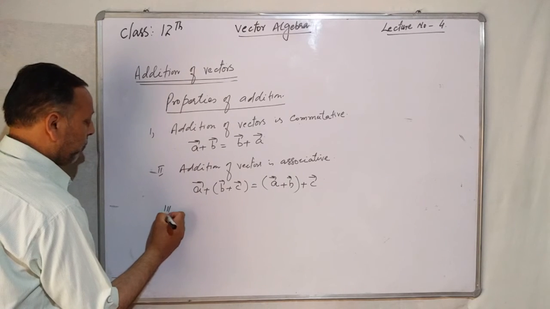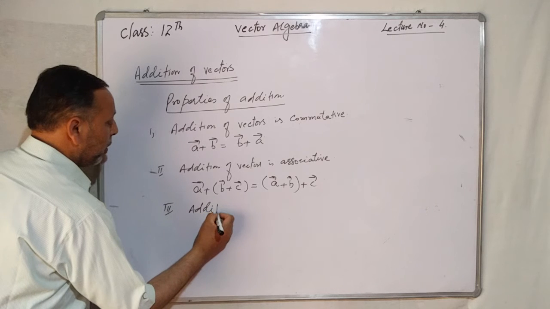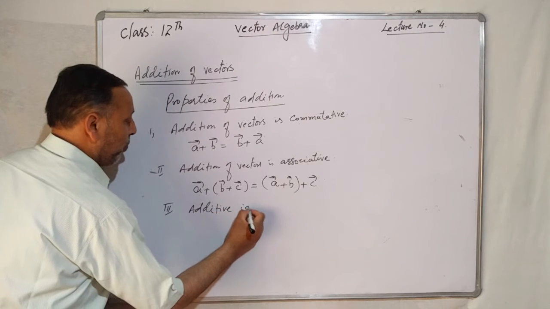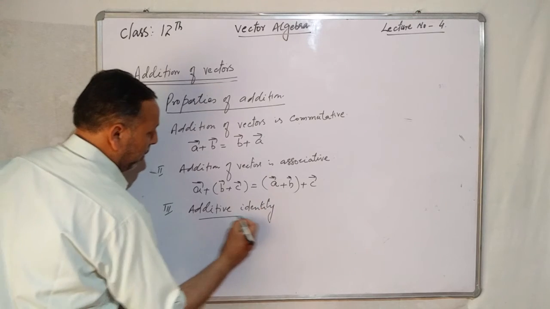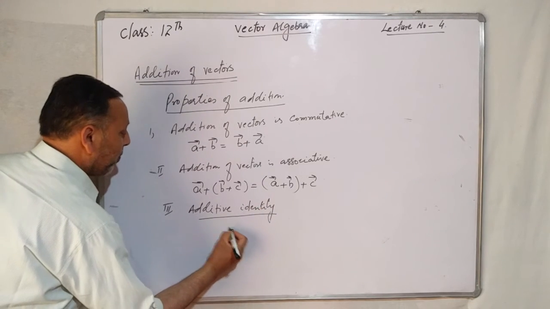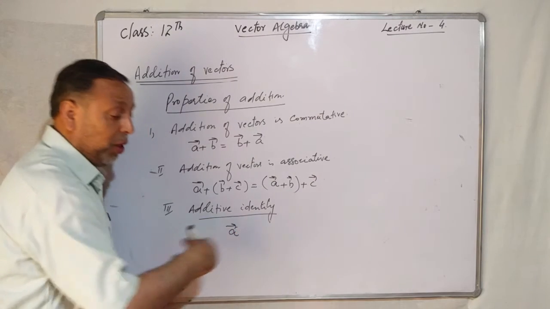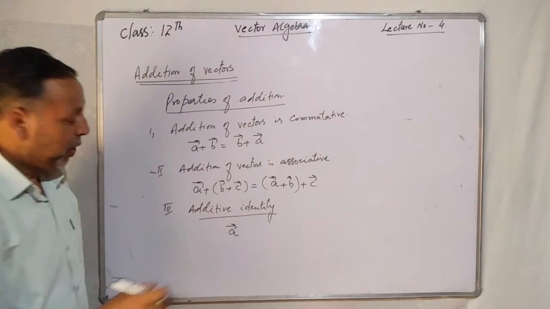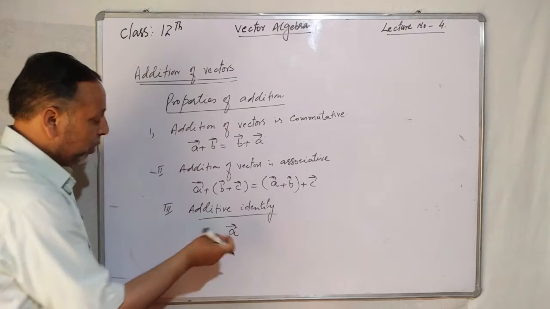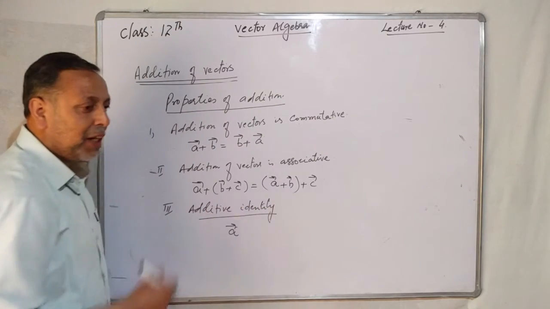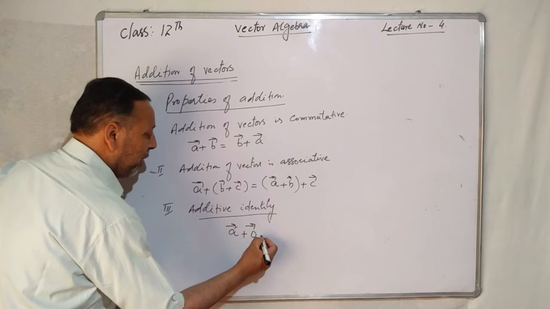Number three, additive identity. If we have a vector A, अब इस वेक्टर A को मैं कौन सा ऐसा वेक्टर ऐड करूं कि इसकी आइडेंटिटी बरकरार रहे, यानी A ही रहे, तो सिंपली we will add null vector, zero vector.